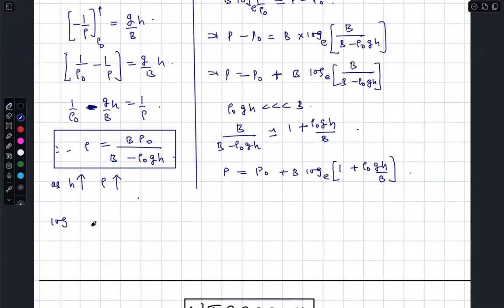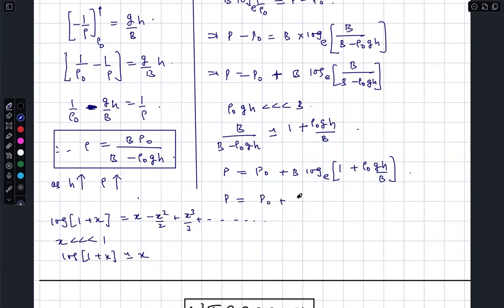Log 1 plus x can be written as x minus x square by 2 plus x cube by 3 and so on. But for x much, much lesser than 1, log 1 plus x is almost x. So in that occasion, this is P naught plus B times rho naught g h by B, which is nothing but P naught plus rho g h. This is the formula which you know already.